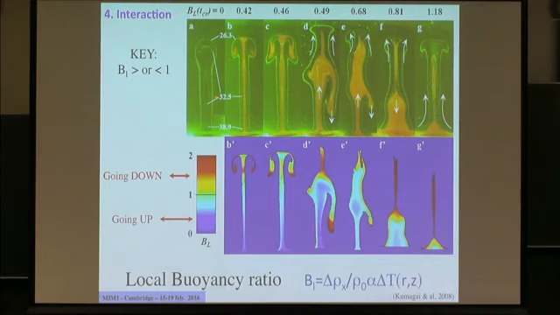And you see that here we have a local buoyancy ratio lower than 1 for all the blue and greater than 1 for all the red, which means that you are too dense to be rising. And you see, as a function of those different initial buoyancy ratios, the structure. And indeed, the critical local buoyancy ratio above which the fluid is going to go down and not up is really close to 1.